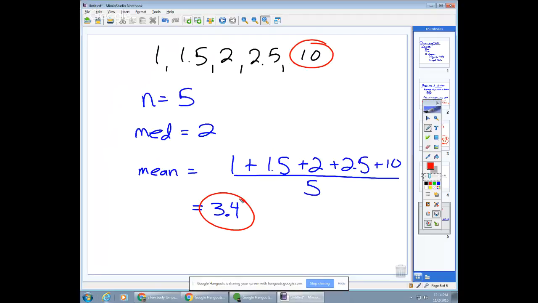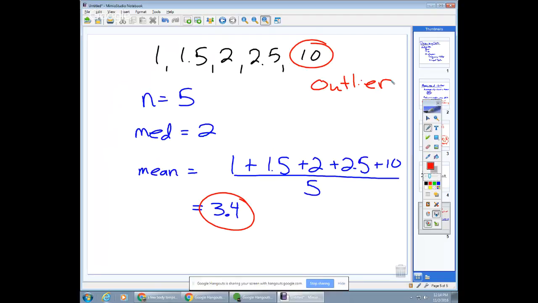And so here, would you consider 10 to be kind of like way out of bounds compared to the other numbers? Yeah, so some people would classify the 10 as an outlier. There's mathematical ways to say, yes, it's an outlier, or no, it's not, but let's just go with our gut. 10's kind of way out there compared to the other numbers.